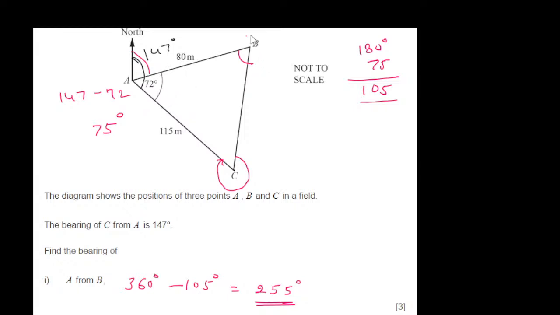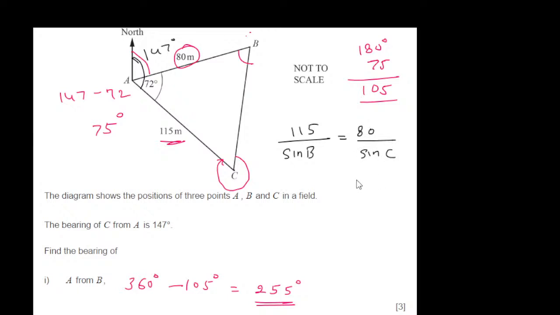So as this side 115 is given and this 80 is given, we can use the sine rule. What we can say is that 115 divided by sine of angle B is equal to 80 divided by sine of angle C.